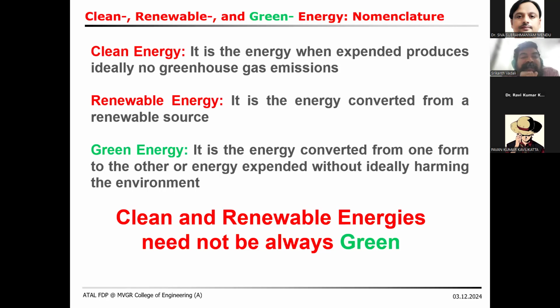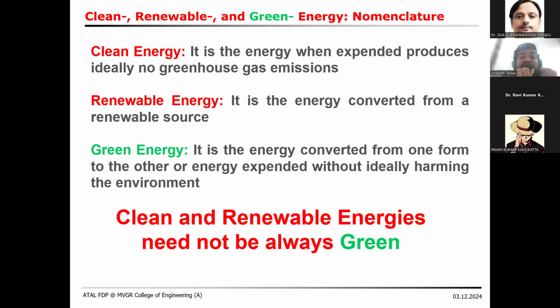Then what is green energy? Okay, green energy is the energy converted from one form to the other, or energy expended, that means you use any form of energy without ideally harming the environment. Okay, but you can say when we are converting solar energy to electrical energy, we said greenhouse gas emissions are not there.